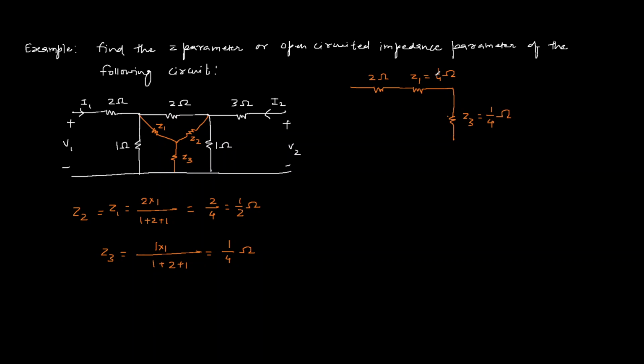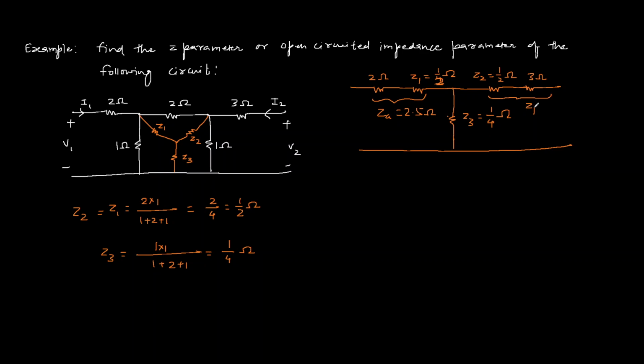This Z1 is 1/2. And here Z2 is in series with 3 ohm, and Z2 is also 1/2. So this is basically ZA, which is Z1 plus 2 ohm, meaning 2.5 ohm. This impedance is ZB, which is 3 plus 0.5, so 3.5 ohm. And Z3 is basically ZC, which is 0.25 ohm.